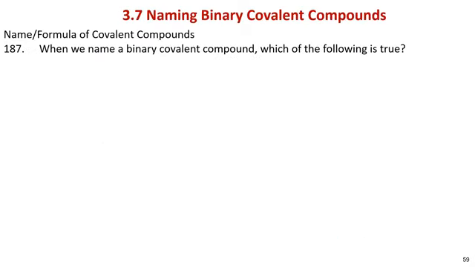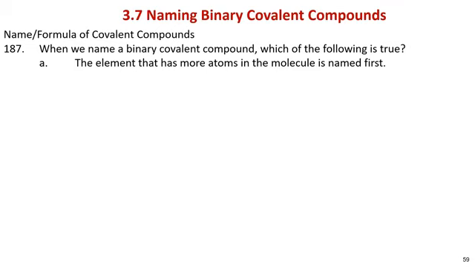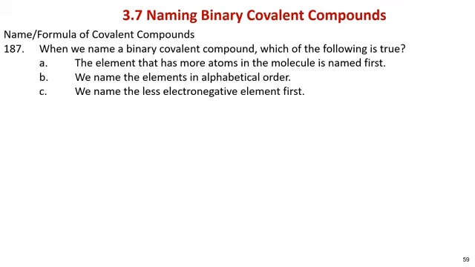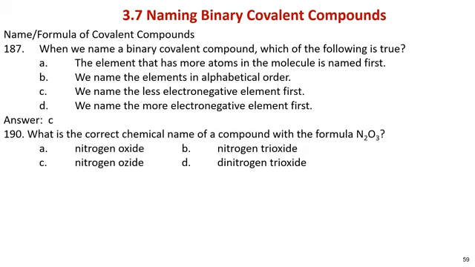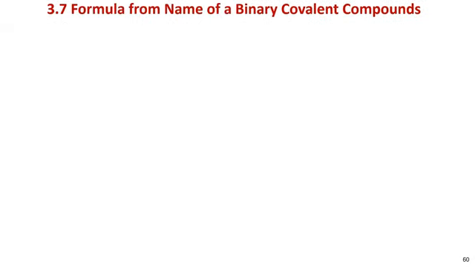Binary covalent compound. Name the less electronegative atom first. C is the correct answer. N2O3 is dinitrogen trioxide. D is the correct answer.